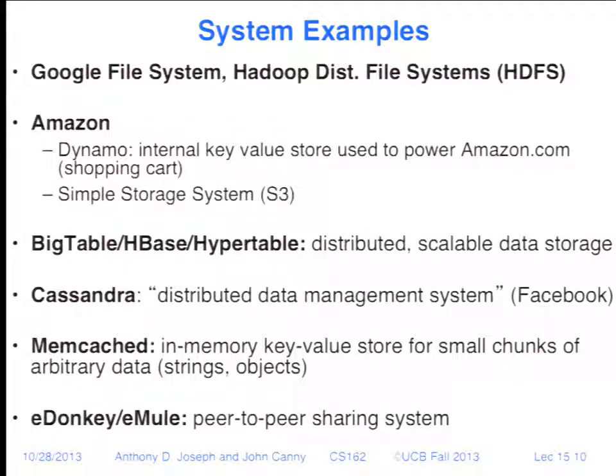Facebook has their own system, Cassandra, and Memcached is a popular in-memory key value store that's used for a variety of purposes, for caching and acting as a cache in conjunction with larger and more complex data stores. And there are also complex peer-to-peer key value stores, eDonkey and eMule, and BitTorrent is also an example of that.